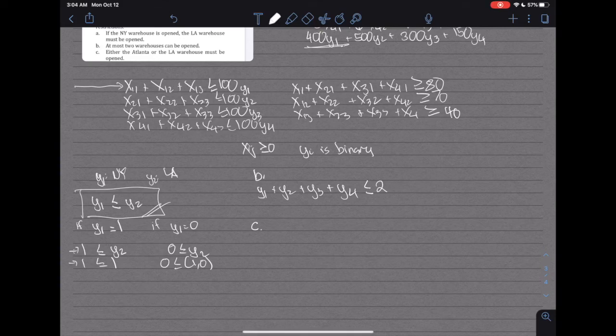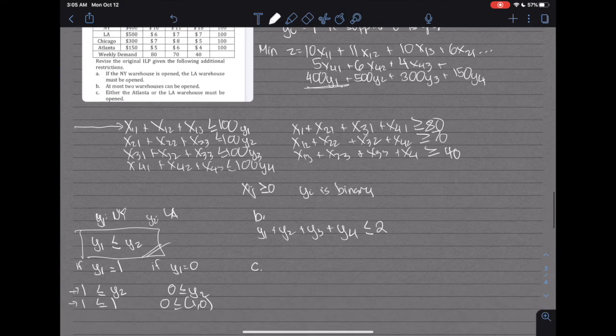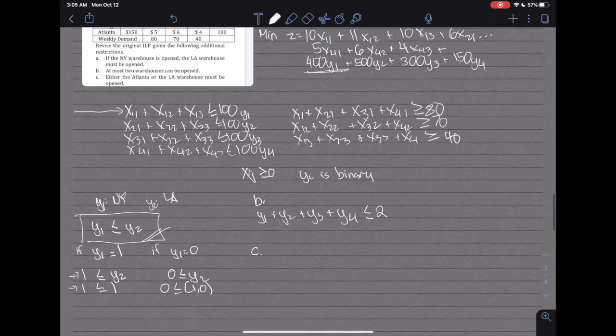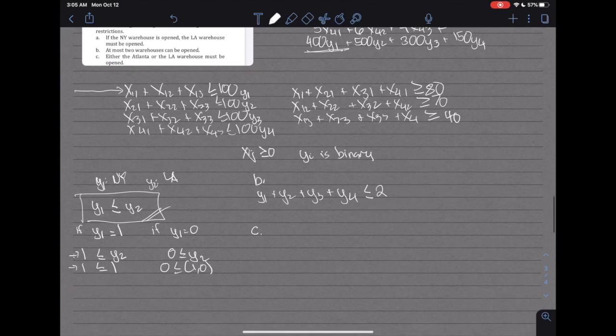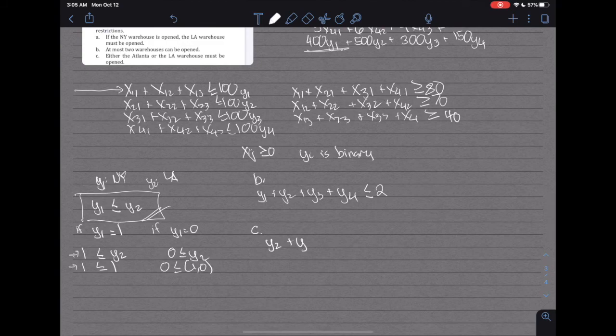C. Either the Atlanta or the LA warehouse must be opened. It means at least one of them should be open. If that's the case, then we say Atlanta is y4 and LA is y2. Therefore, we go y2 plus y4 is greater than or equal to 1, since at least one of them has to be opened.